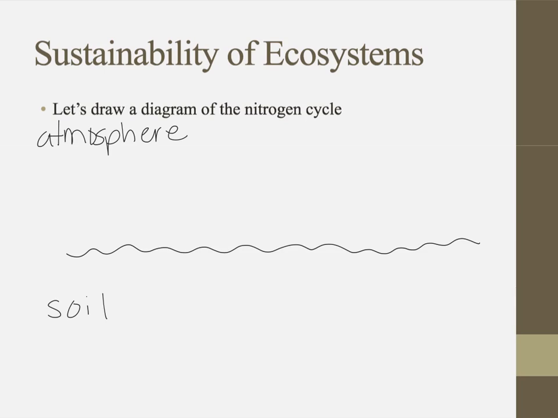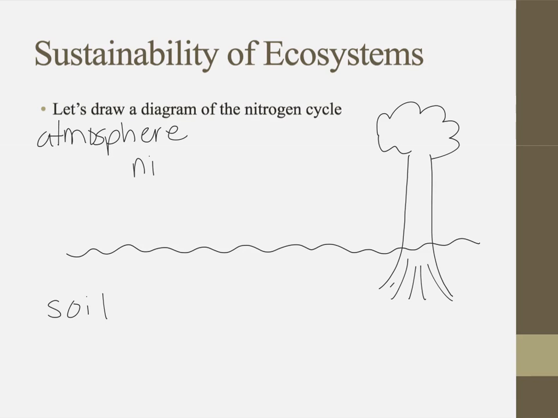And so one of the things that bridges the gap between the atmosphere and the soil are plants. So I'm going to draw a tree here. Trees have roots, all these other things, branching down into the soil. Now, plants need nitrogen, and you would think that plants get their nitrogen from the atmosphere. That would make sense because they're absorbing a lot of other things from the atmosphere, like carbon dioxide, and nitrogen actually makes up the majority of the gases in our atmosphere.